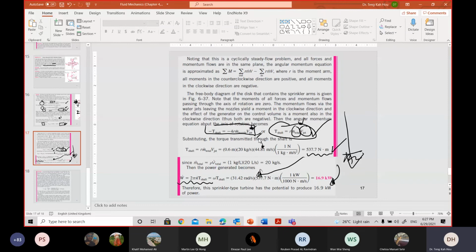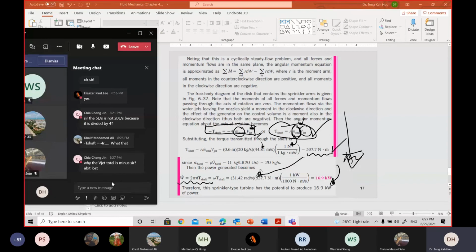This gives you a choice. Either you use this or you use this, but this is not given. In fact, if you want to use this, you need to consider the M nozzle, but not the M total. That's why I need to times 4, because each of these contributes to your total. Can you get me?